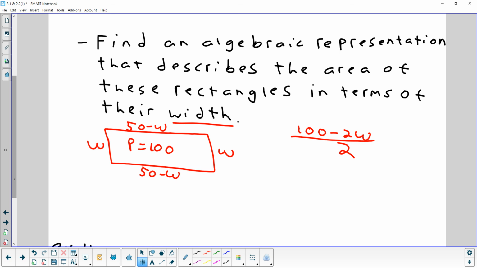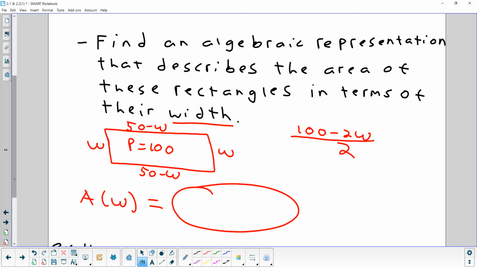So find an equation that represents the area in terms of the width. So area as a function of width. Somebody tell me what would go right there. Yeah? It would be 2W times 100 minus 2W.